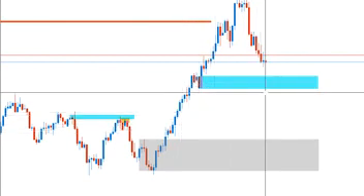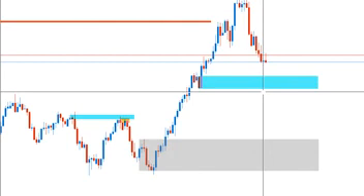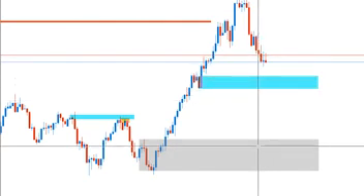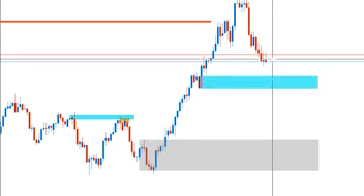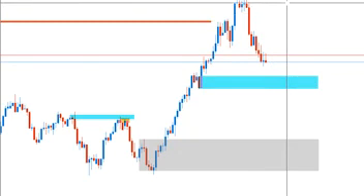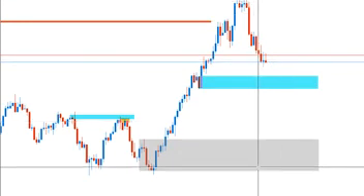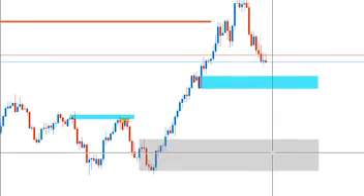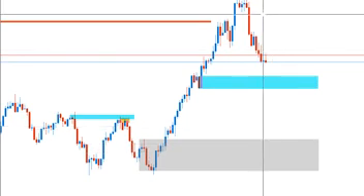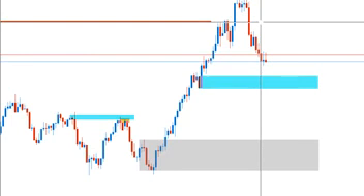We expect either price to react from this 4 hour OB and expand up to form a new higher high, or come down to this daily OB and then react and expand up to form a new higher high. That is our view for USDJPY this week.